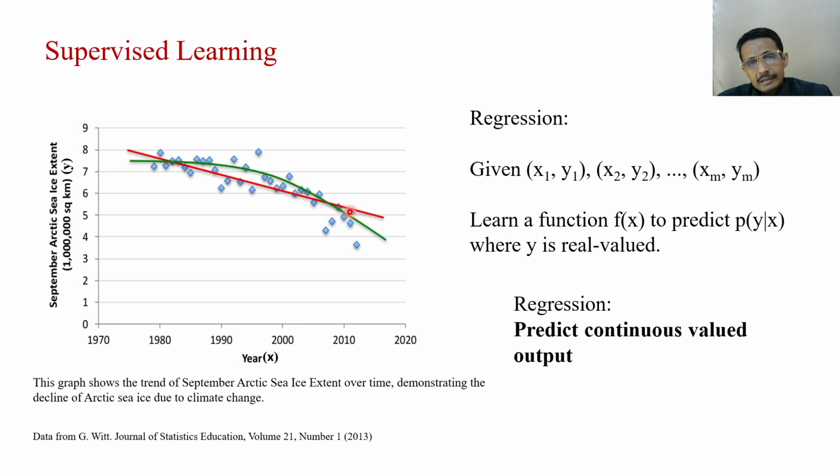It may be a straight line or a curve, so that we get a mapper from x to y. That means for any given x, we can get y. You can see it basically predicts a continuous value output. So this is the basic idea of regression.